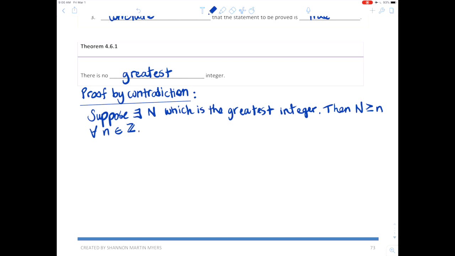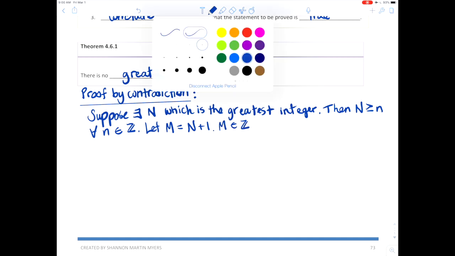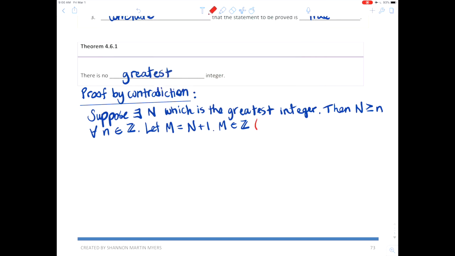But what do we know about integers? We know that they have closure, right? Under addition. So why don't we let m equal capital N plus 1? Well, what is m? M belongs to the set of integers. And what is that from? Awesome. Closure. And so what have we done?